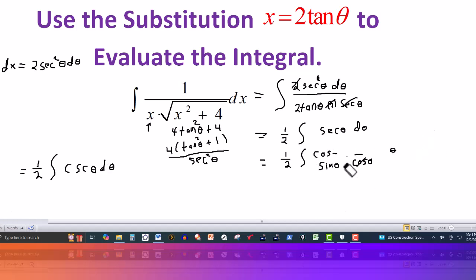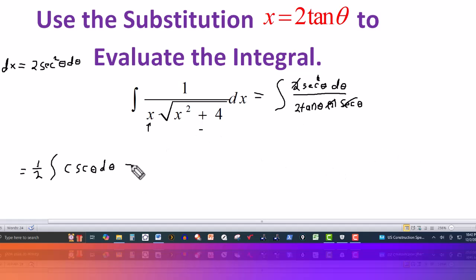Let me clear some of this. Now we simply integrate this. This is 1/2 still. And there's a formula for the integral of cosecant of an angle. There's also one for secant of an angle. They're very similar, but in this case, we're integrating cosecant.